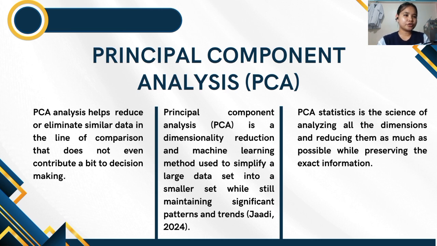This is crucial because in large datasets, there is often a lot of redundant information that can cloud insights and complicate analysis. At its core, PCA is a dimensionality reduction method. It simplifies large datasets by transforming them into a smaller and more manageable set of dimensions, all while retaining the most significant patterns and trends.